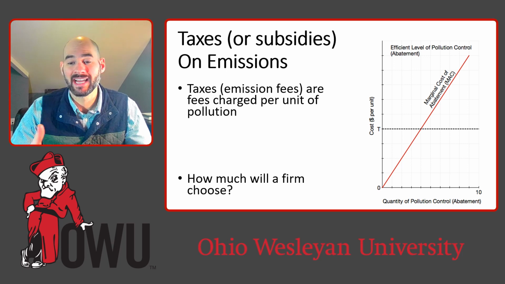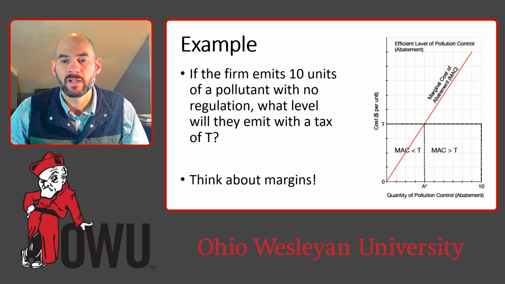And so, as you can guess, an efficient solution here for the firm is going to come on the margin. It's going to come from the intersection of its marginal abatement cost curve as well as the marginal benefit of abatement reduction, which is not paying the tax.